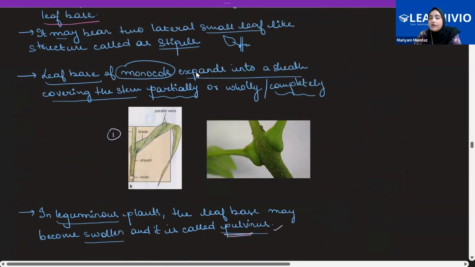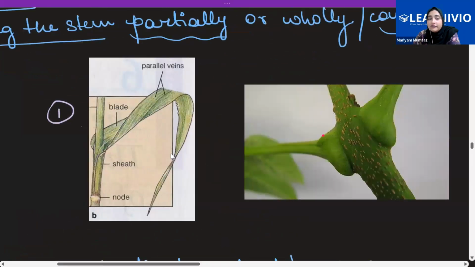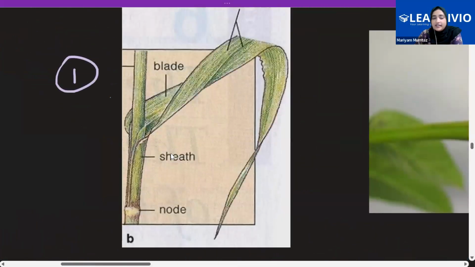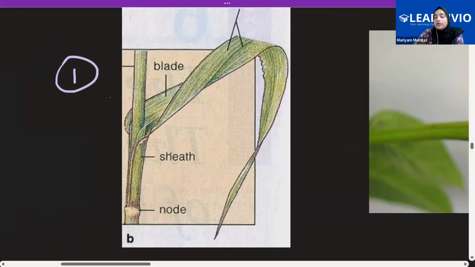Now the leaf base of the monocot expands into a sheath covering the stem. Basically it starts to cover the stem area and it can be fully covered or partially covered. See how the leaves are expanding over here and they are covering the stem portion before moving out. So that is the case of the monocot.